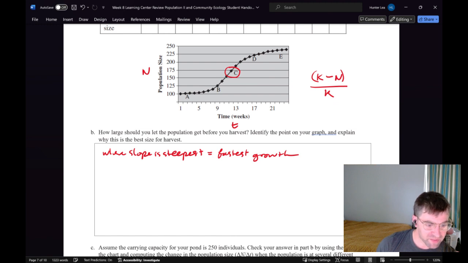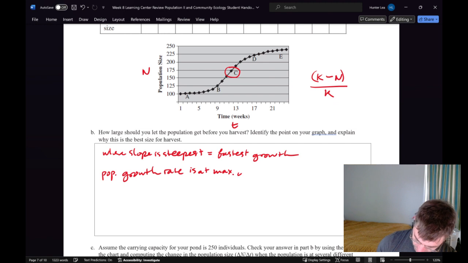I think that's all that needs to be explained. The rate of population growth is at maximum when n is equal to half of k.